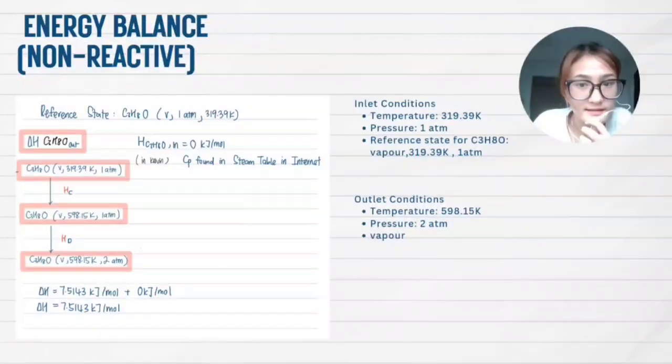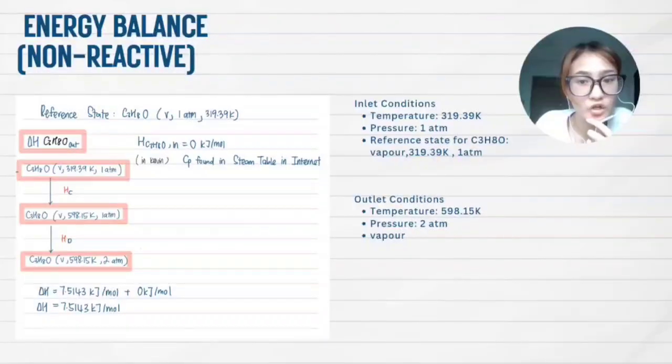For the IP air, we set the reference state as vapor at 1 atm and 319.39 Kelvin, and the outlet will be 598.15 Kelvin, pressure 2 atm, and in vapor state. In order to find the outlet, we have to change the temperature from 319.39 to 598.15 Kelvin by using the integration of Cp.